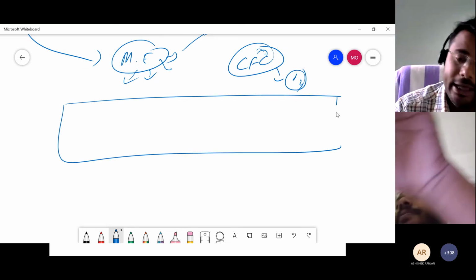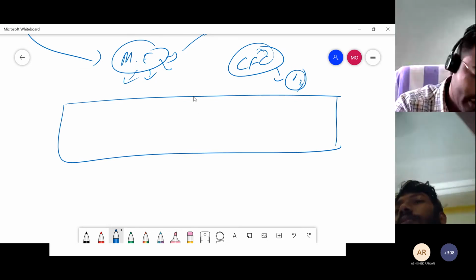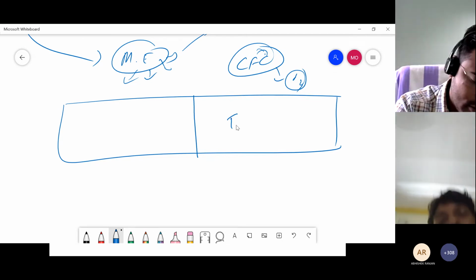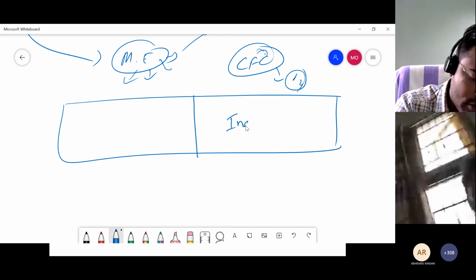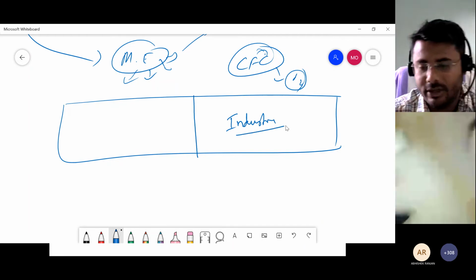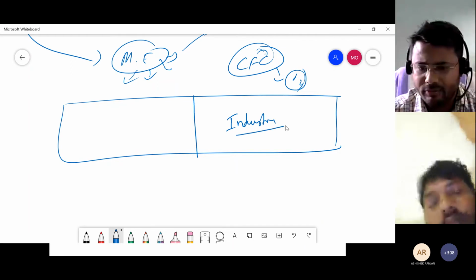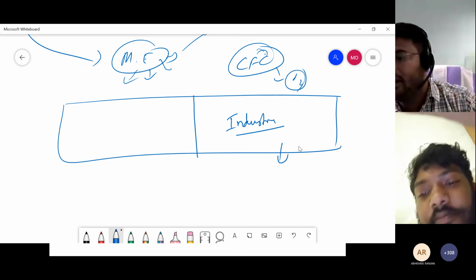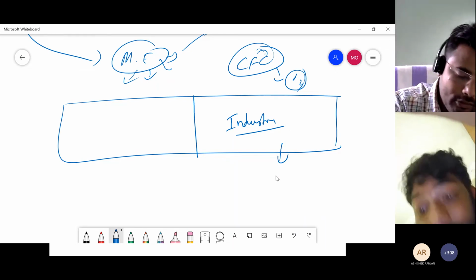So let me divide everything into two sections. One is a person who has an industry. Any industry is required in order to develop.